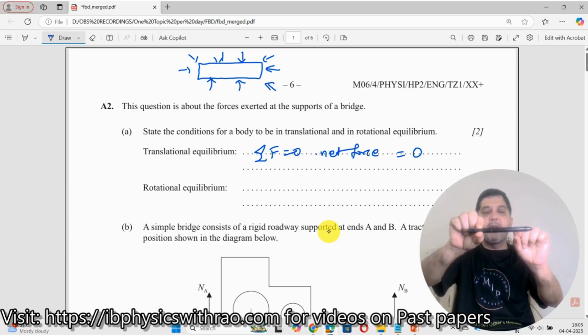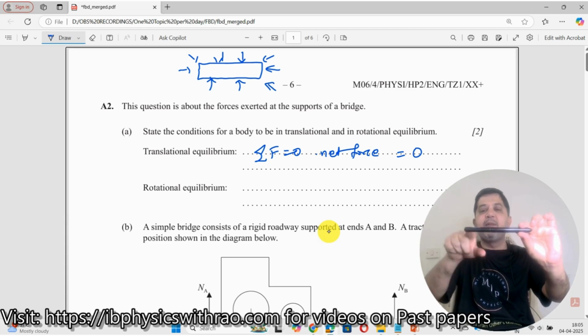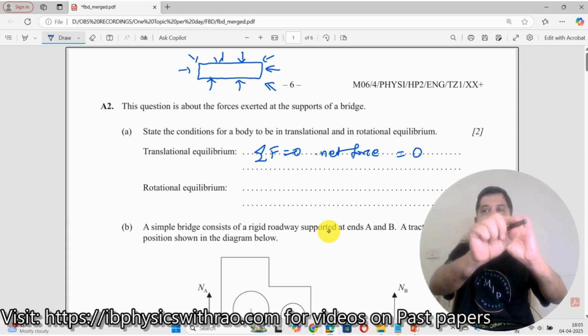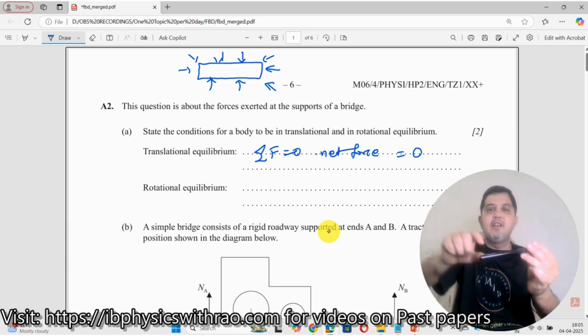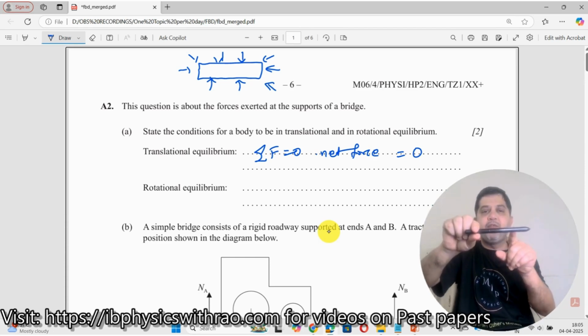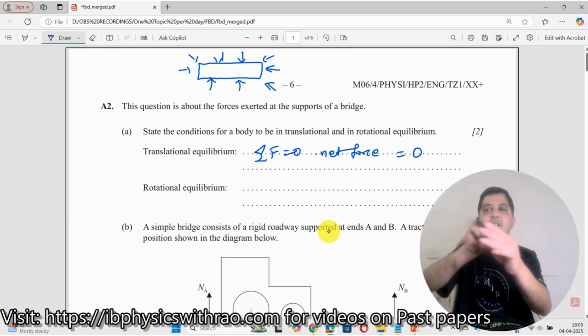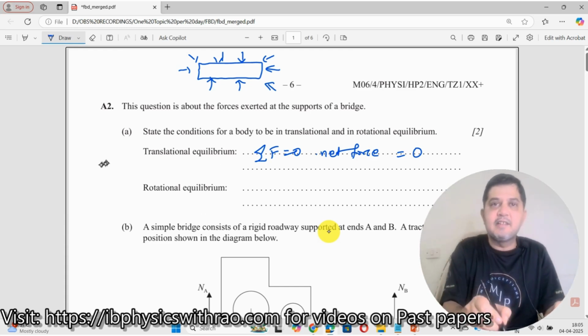But now let us say I am applying a force here. I keep this as a fulcrum and I apply two forces on the same side. Then what happens? You are applying a force here, and this will make it rotate like this. If I apply a force here, this will make it rotate like this. So in other words, I have an object pivoted over here.